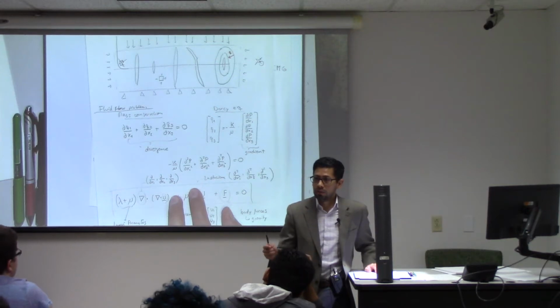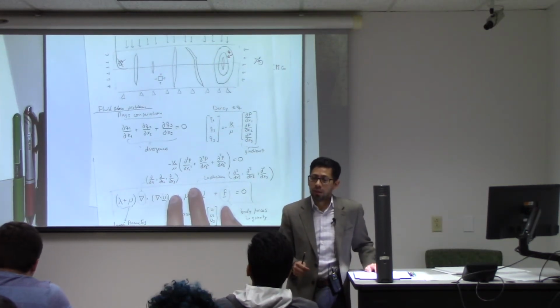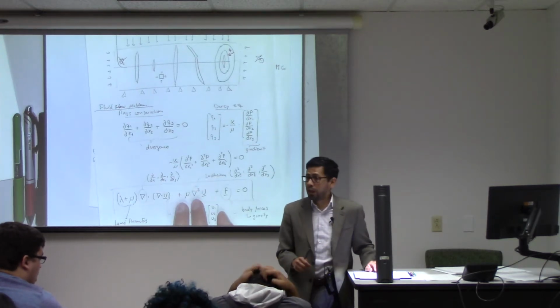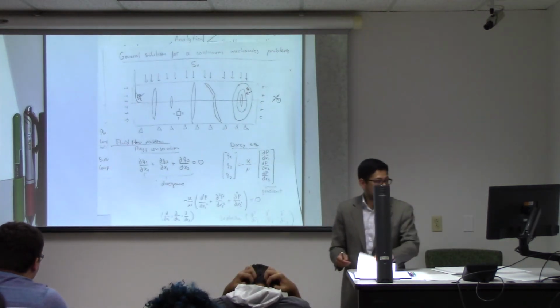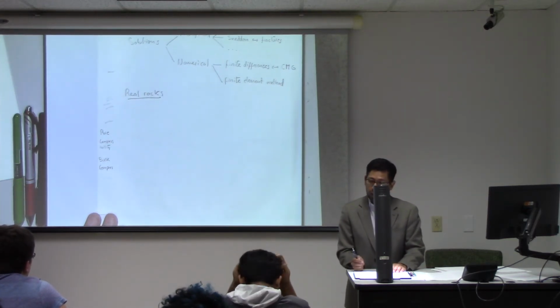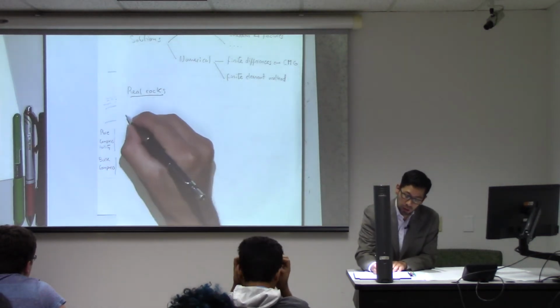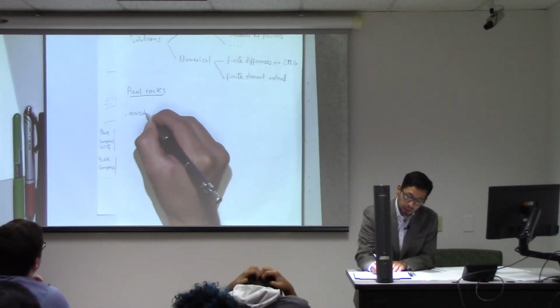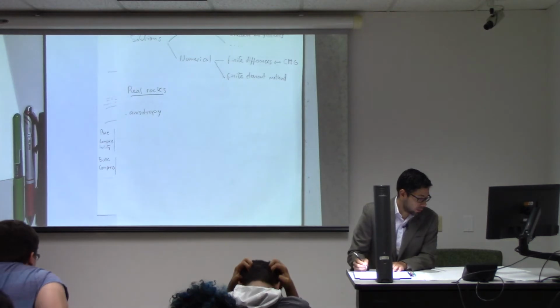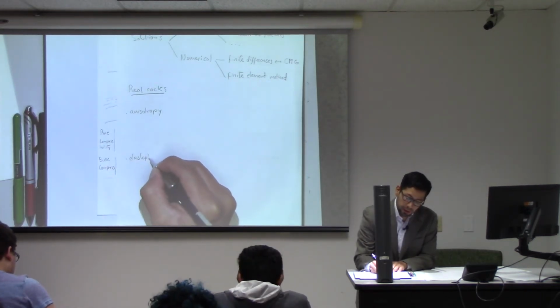So you need some other solutions or some other models in order to approach the rock behavior better. And that's when we're going to talk about real rocks, okay? We're not going to just leave some blank space in your notes. We're going to talk about anisotropy. We're going to talk about elastoplasticity.